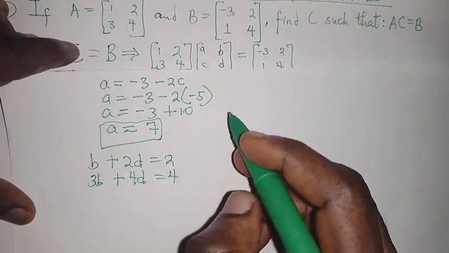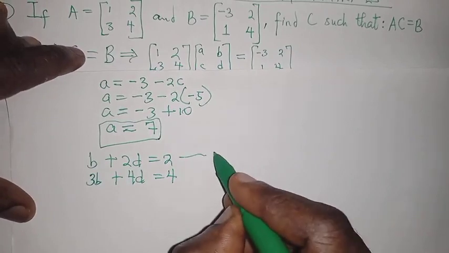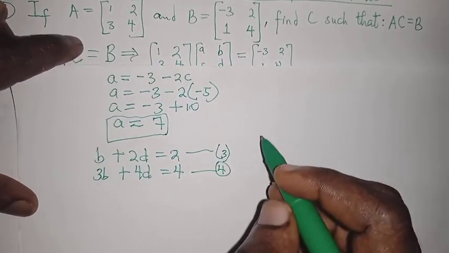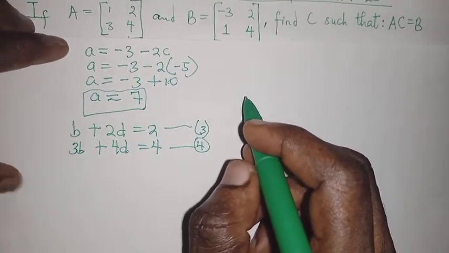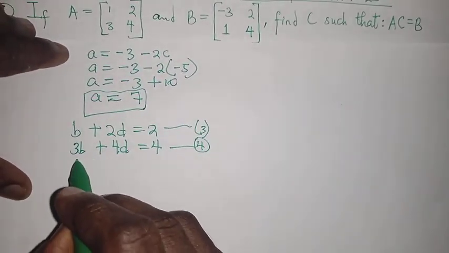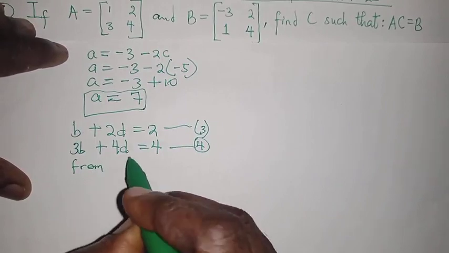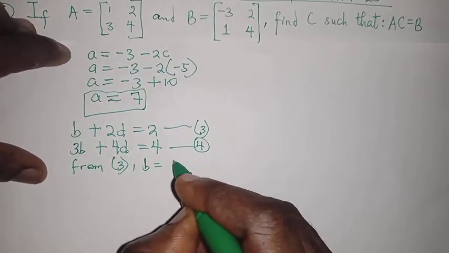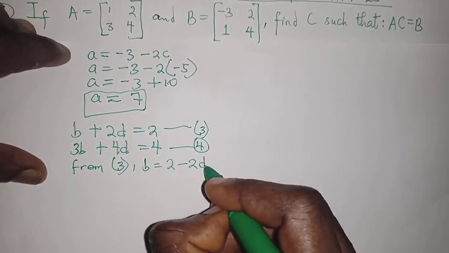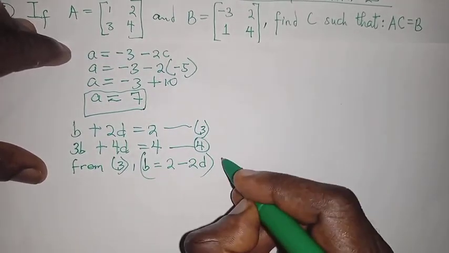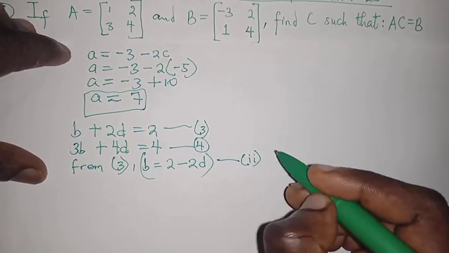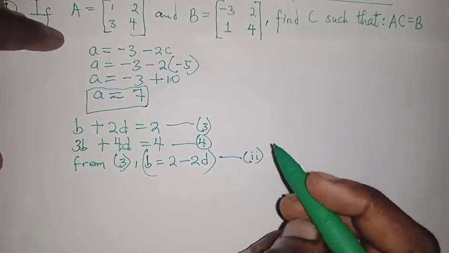Solving this simultaneously, I'm going to get this. Of course, this is our equation 2 and this is our equation 4. From equation 2, I can say that B is equal to 2 minus 2D. And I'm going to call this equation Roman numeral II.